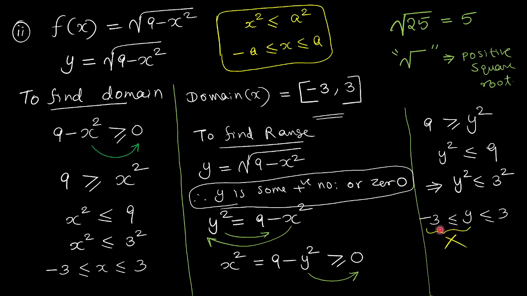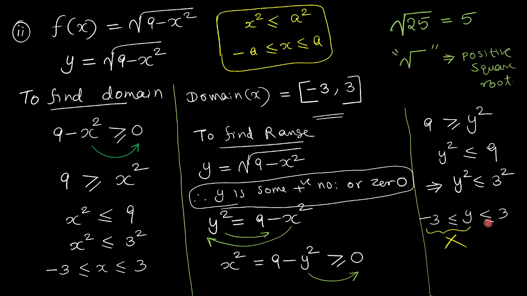This side means y equal to minus 3, minus 2, minus 1. That kind of number should be removed. So 0 to 3, no problem. 0 to 3, this condition does not cause any issue. But from minus 3, there is an issue, because y greater than minus 3 means y can be minus 2, y can be minus 1, like that. But here there is a problem. So this part should be rejected.